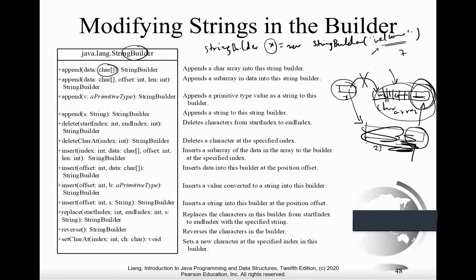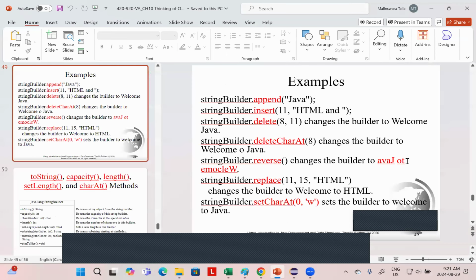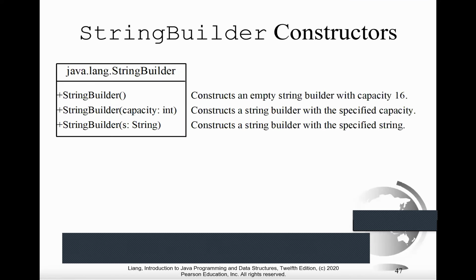Why 23? He always has 16 more, extra. Okay, then I get it. Not always, but each time he allocates, it'll be 16 more.